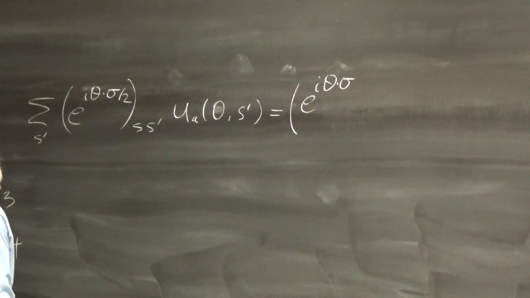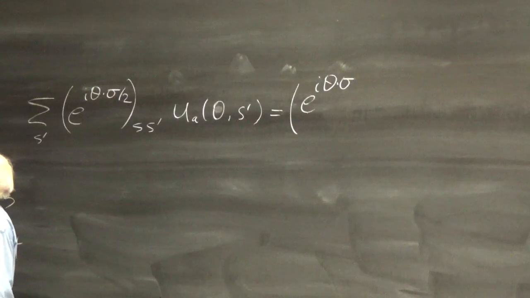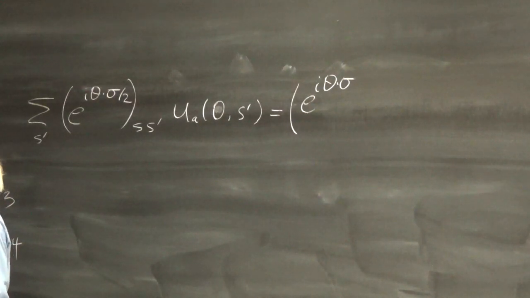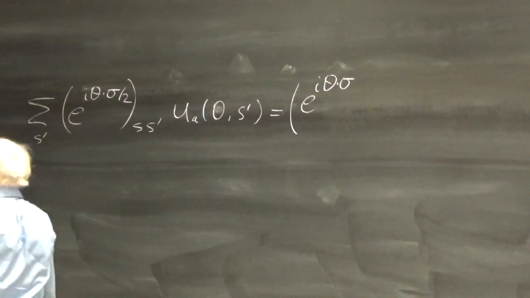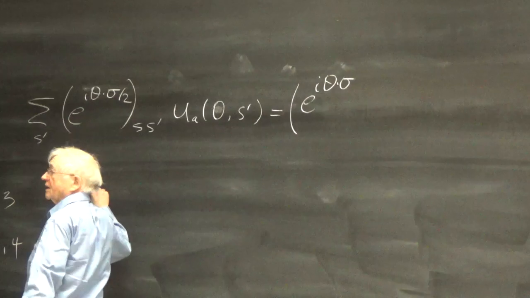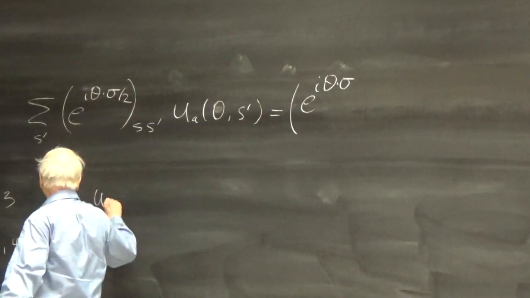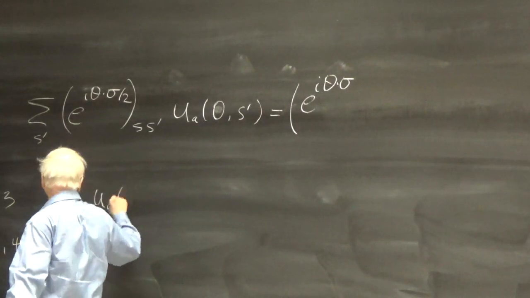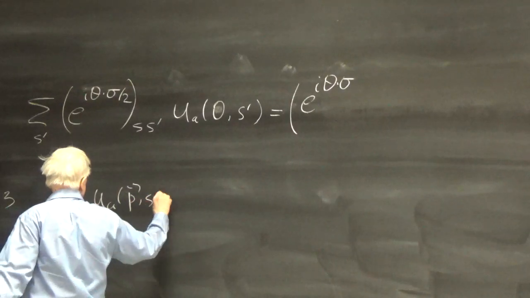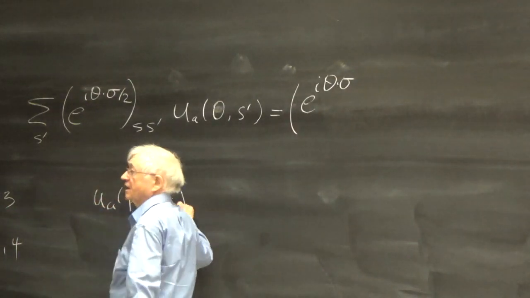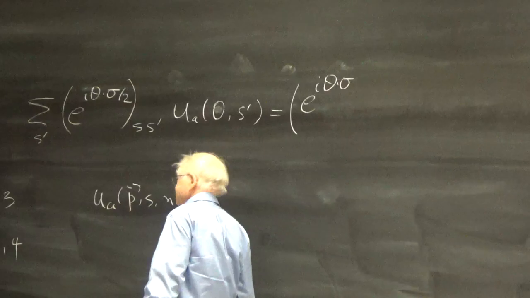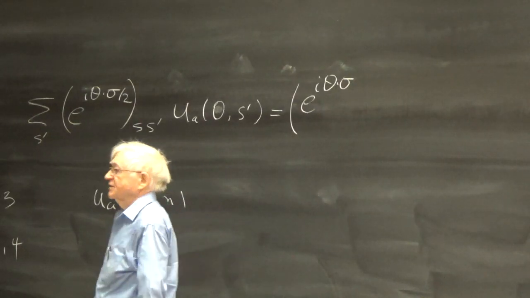So the overall factor for A equal to 1 or 3 is e to the i theta over 2. Over here, what we see is that we're going to have U_A of p, s, n. In fact, let's look at just the z component of these things.